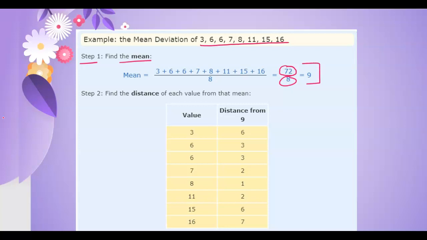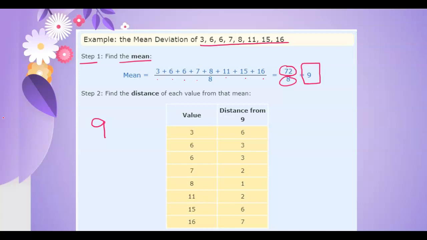Now this is where we have to start. Now I like to put that in a box. Alright, I like to say, okay, well I know that my mean is 9. Now I'm going to see how far away from 9 each one of these data points are. 3, 6, 6, 7, 8, 11, 15, and 16.